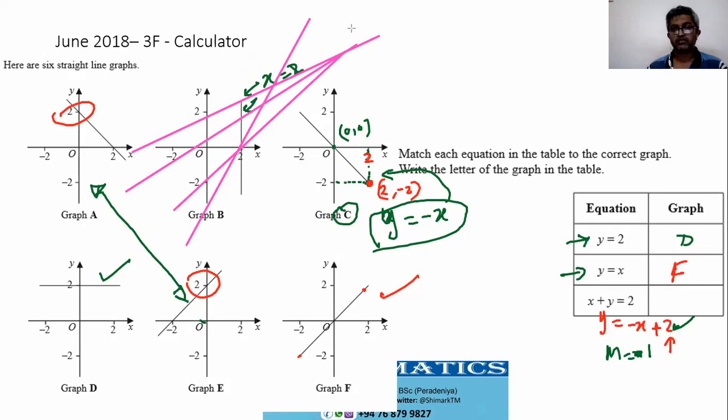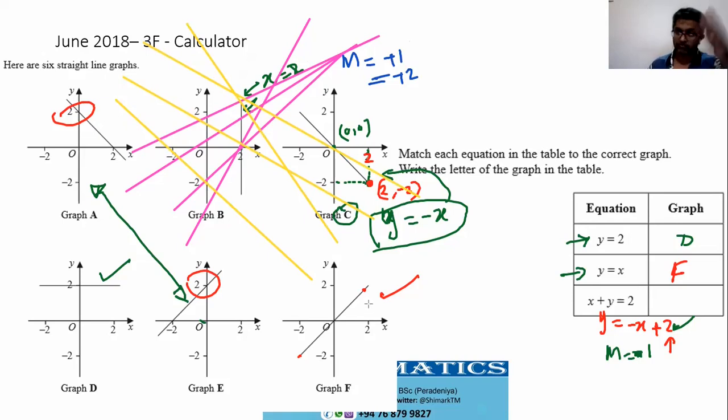Whatever you get, m will be positive, that means m equals +1, +5, +2, or whatever it is. If the graph goes in this other way, m is negative. I can prove how it comes, but just remember. So which one is our answer, E or A?